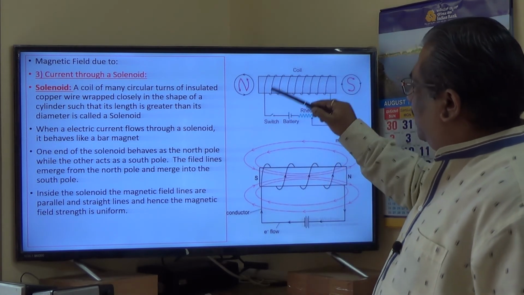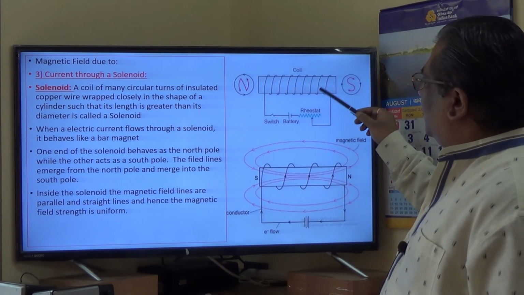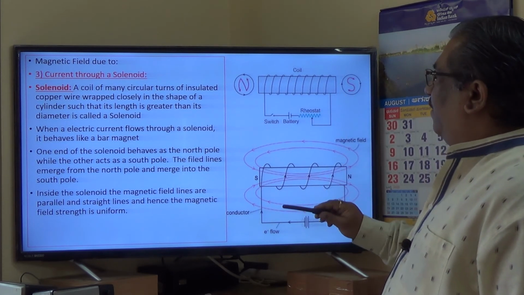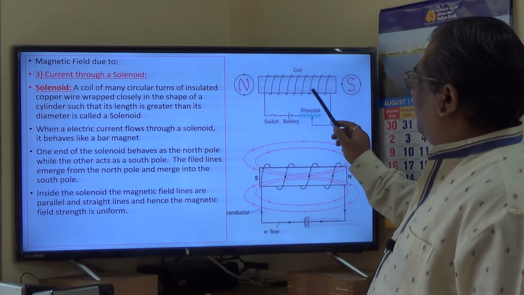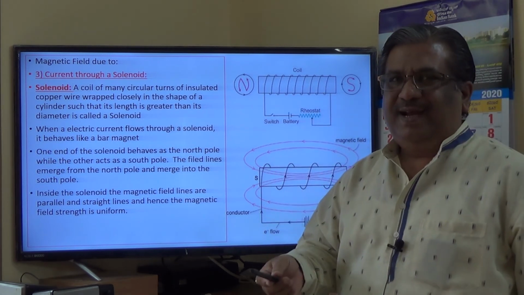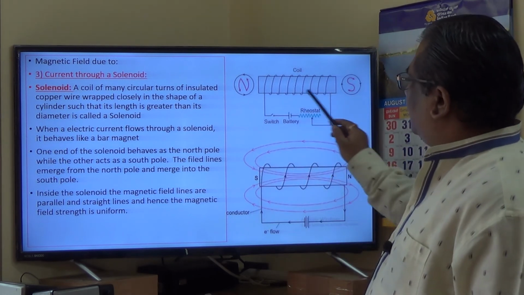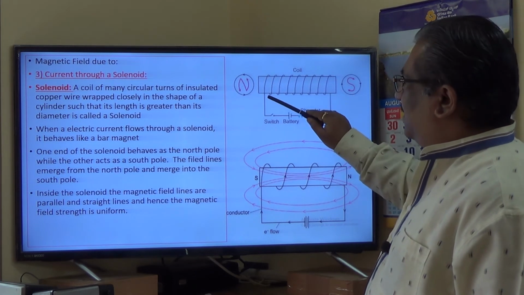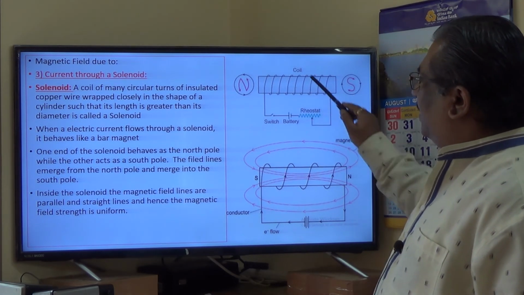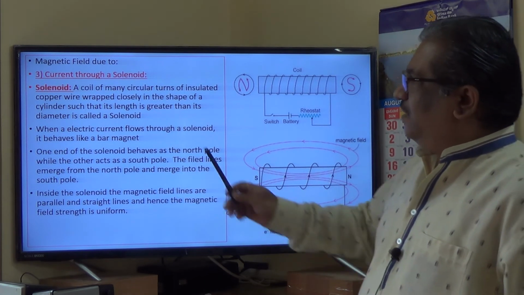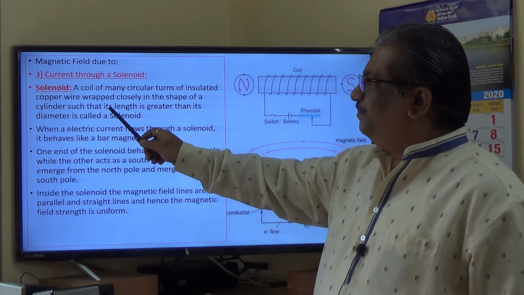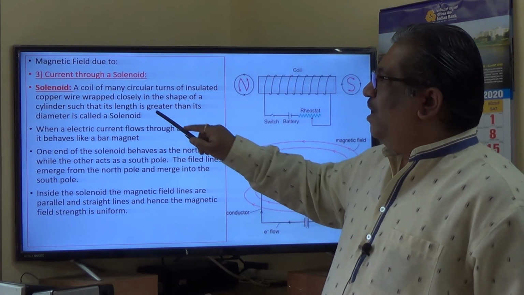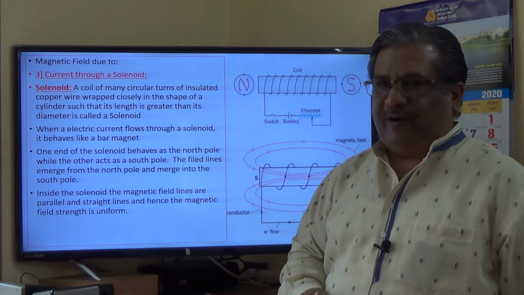Suppose the diameter is greater than the length, then it becomes a coil, and hence the length of the cylinder should be greater than its diameter. In that case, such an assembly is termed a solenoid. The definition is very important. What is a solenoid? An insulated copper wire wound in the form of a cylindrical shape whose length is greater than its diameter is called a solenoid.